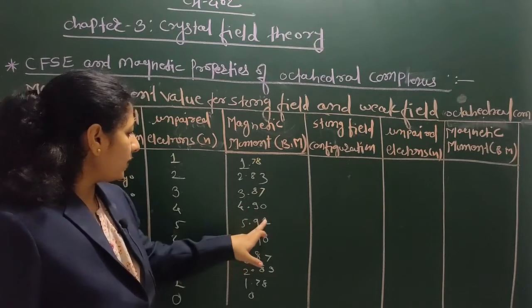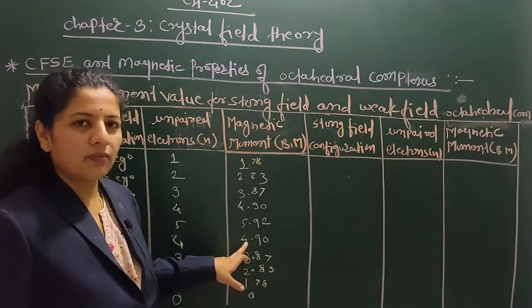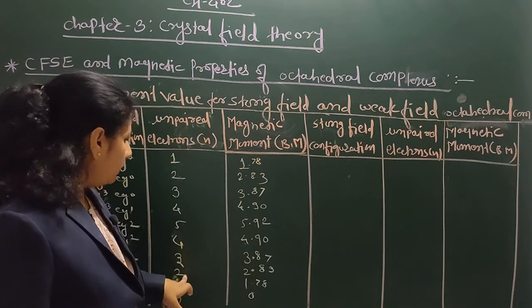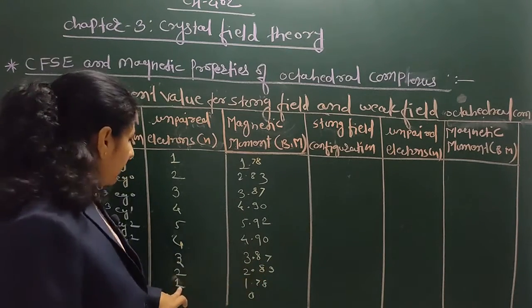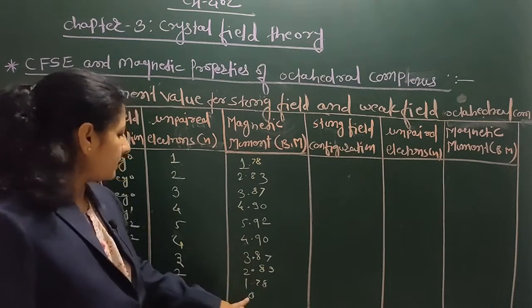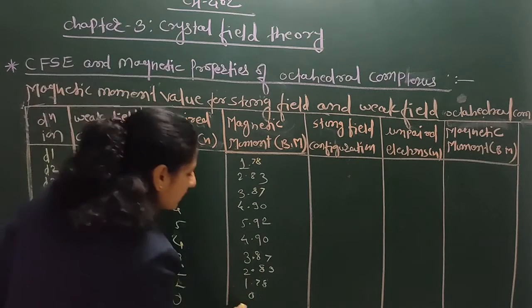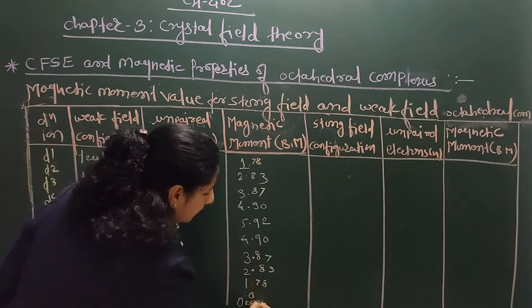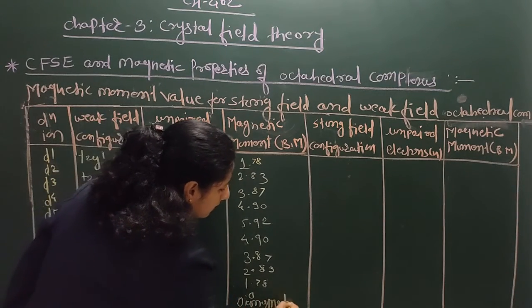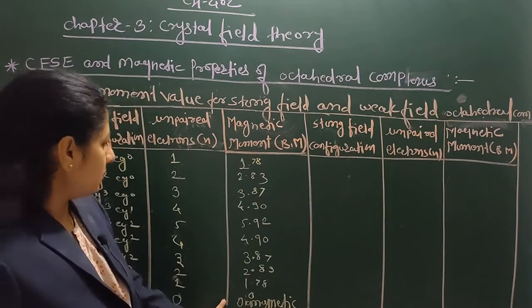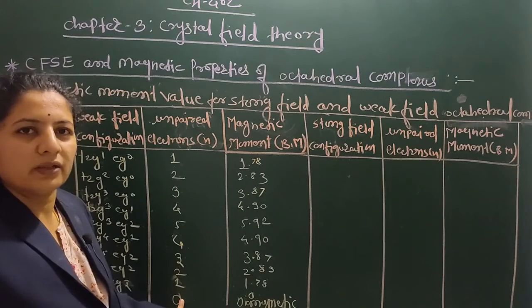For 5 it is 5.92. Then for 4 it is 4.90, for 3 it is 3.87, for 2 it is 2.83, for 1 it is 1.73, and for 0 there are no unpaired electrons, so it is diamagnetic. So the magnetic moment for the d10 system is 0 because the number of unpaired electrons is 0.